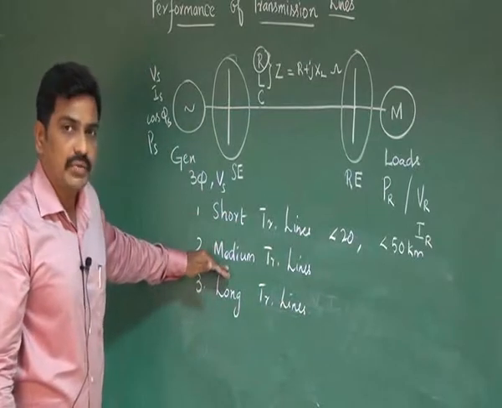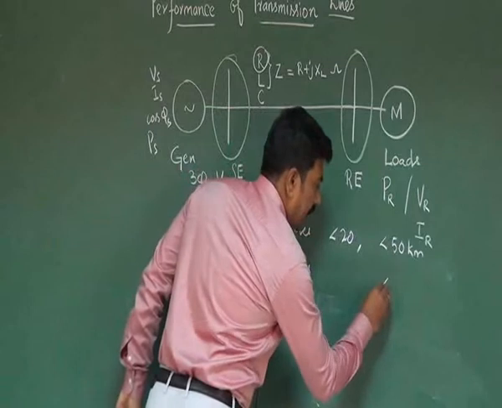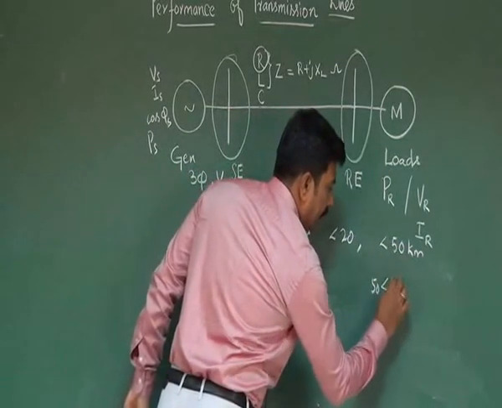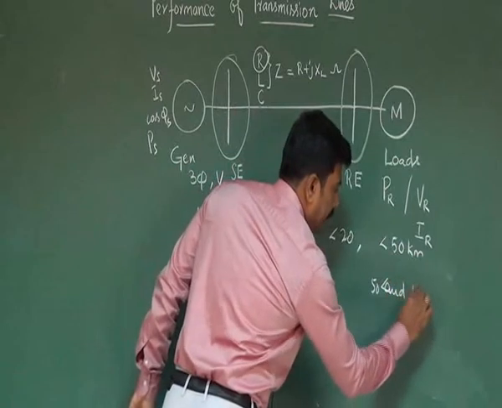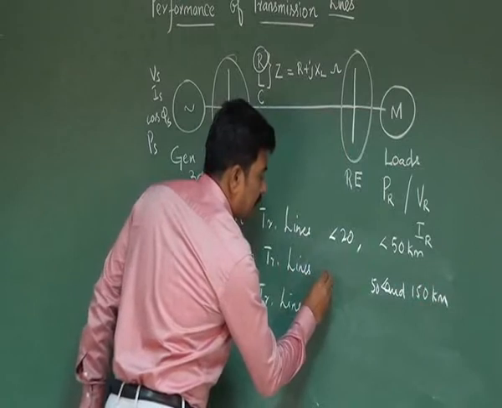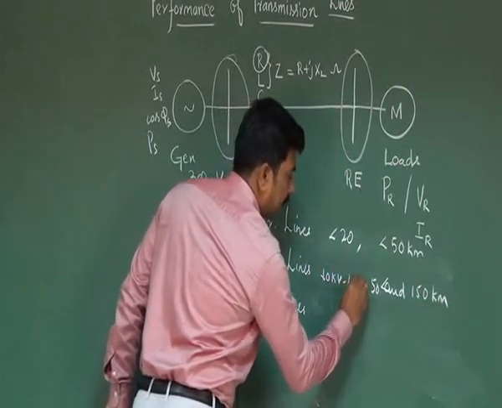Now, next one is medium transmission line. The length of the transmission line lies in between 50 kilometers and 150 kilometers. The operating level of voltage lies in between 20 kV and 100 kV.